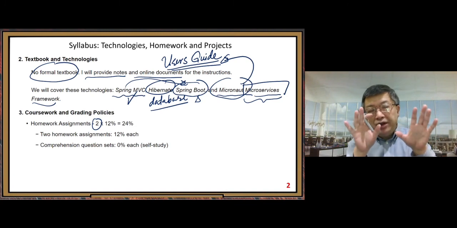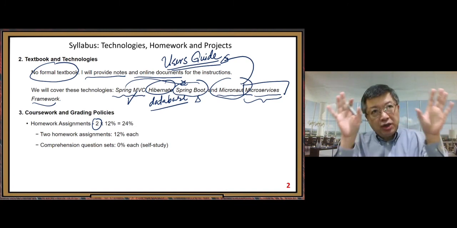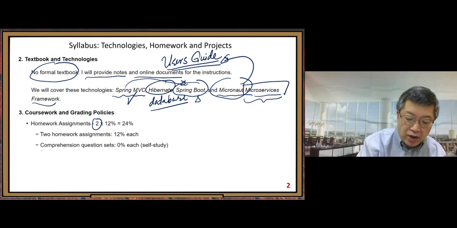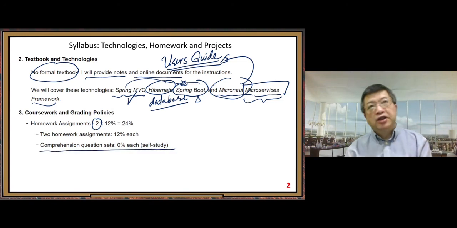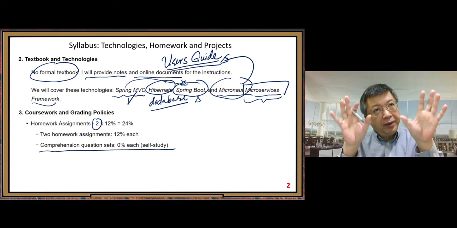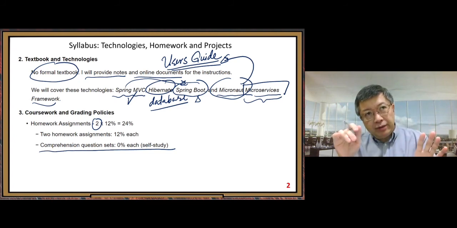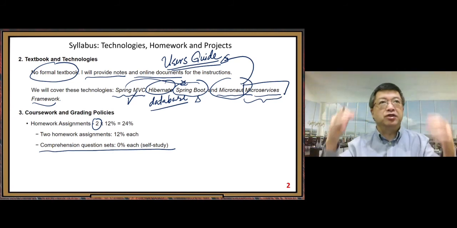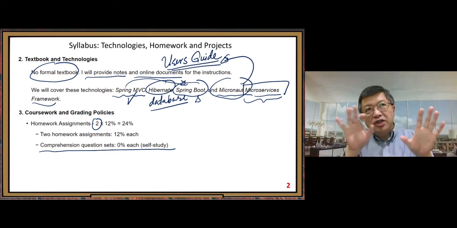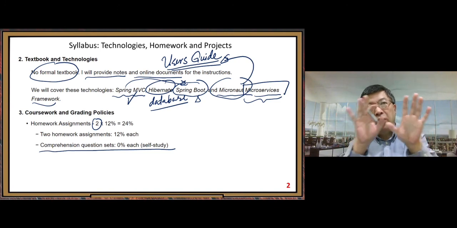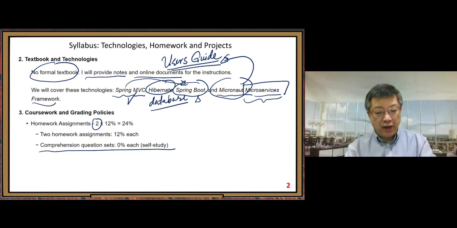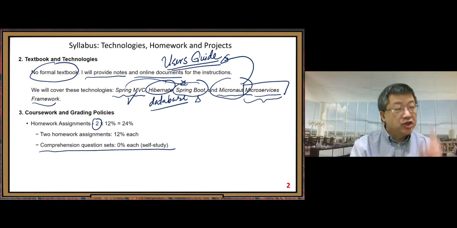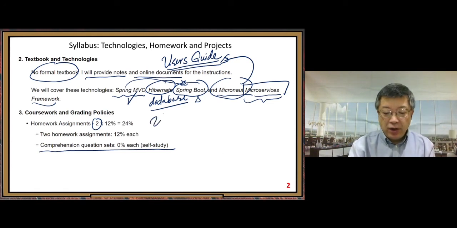But you need to practice a little more than just the homework assignments. So I give you comprehension questions for self-study. You do not turn them in, and I do not grade those questions, but I post the answers. Then I will find a chance to explain the questions in those sets. Regarding the question types, each assignment has 25 questions.